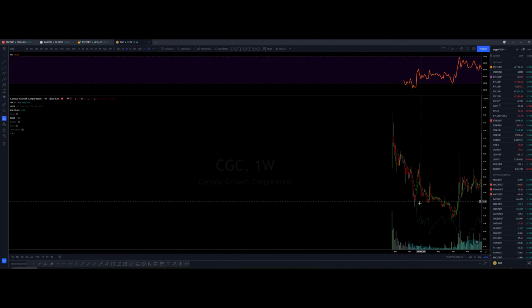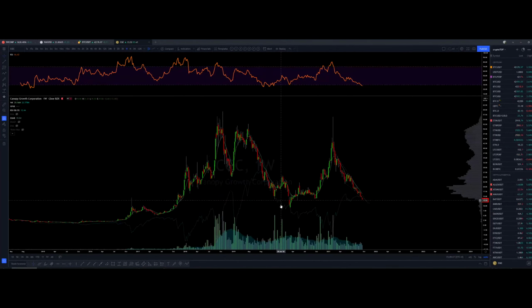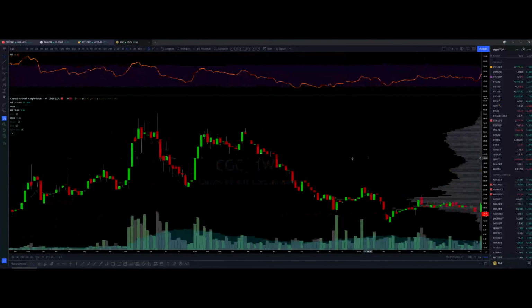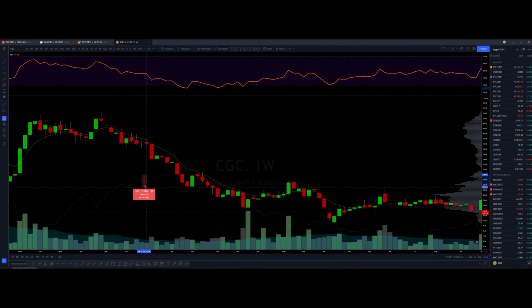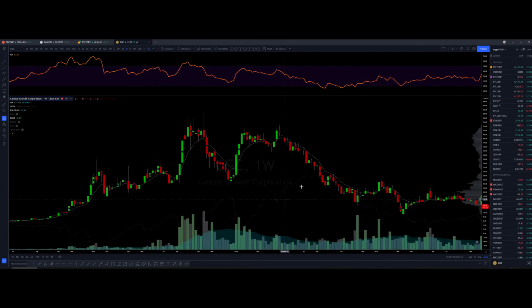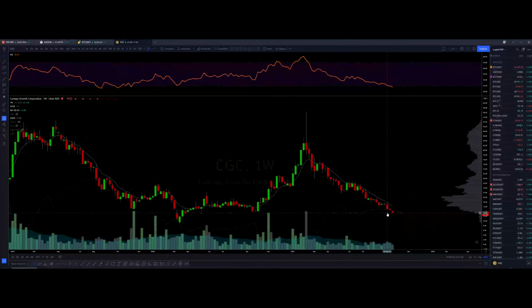There's usually a bounce on the weekly. Let's have a look here. Once it got oversold, it still went down 20%, and then we had a 30% bounce. So it's time to watch this, basically. Time to maybe scale in very, very slowly for a swing, for a long-term hold.